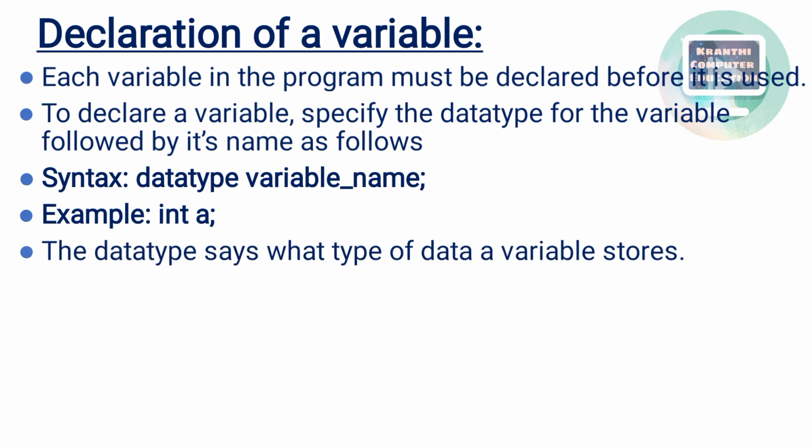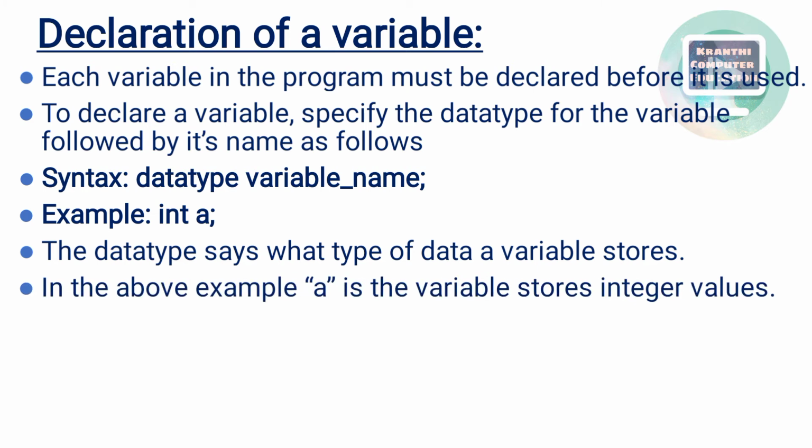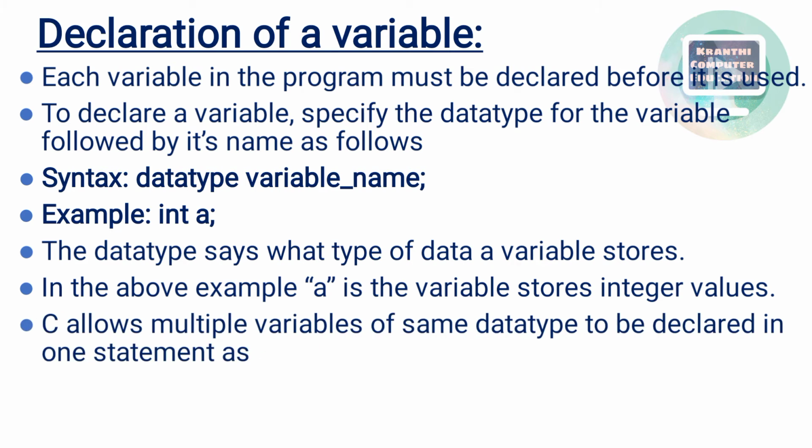The data type says what type of data a variable stores. Here the data type is used to indicate which type of values are being stored in a variable. In the above example, a is the variable and it stores integer values.